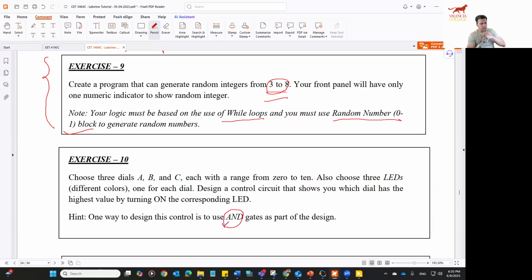So when you compare each dial with the other 2 dials, if dial A has a greater input with respect to B, and with respect to C, only then dial A's light should be on. The logic is very simple. The implementation is very simple, again, but you just have to understand the logic.